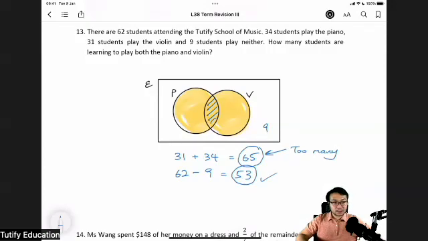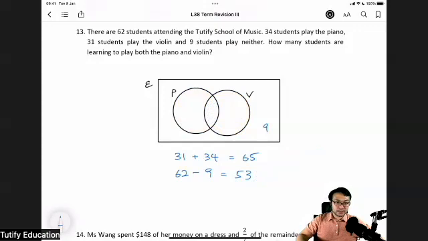So, Abby, where did the extra people come from? They came from the overlap. So can you tell me how much is the overlap? You're supposed to get 53, but you got 65 instead. So how much is the extra? 12. Yes. So you have 12 extra people, right?